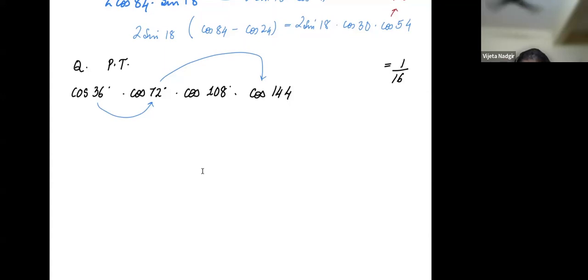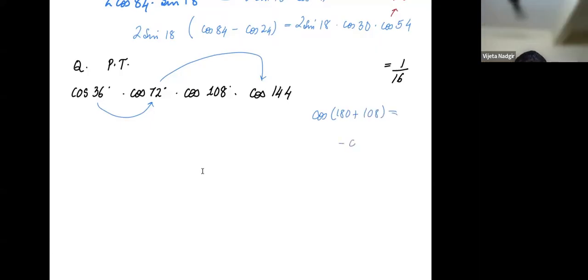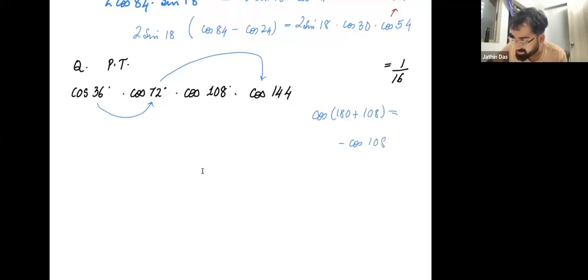See, cos of 180 plus 108, how much is that? That is 288. Yes. So it will be minus cos 108, no? Yes. So what will I do? Very good. I'll put a minus outside and take a minus like this. Can I do it like that? Yes.